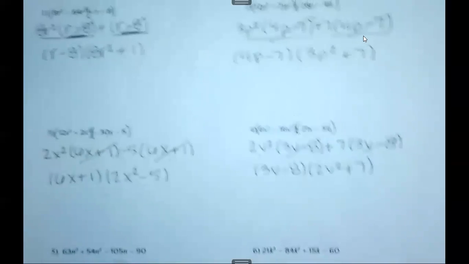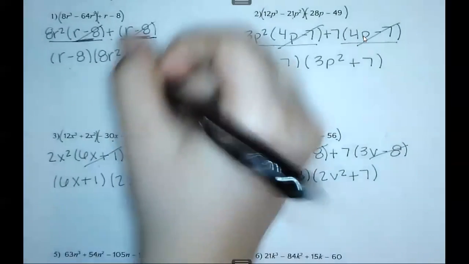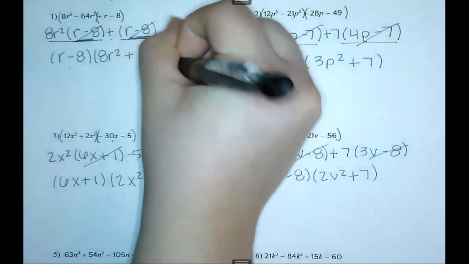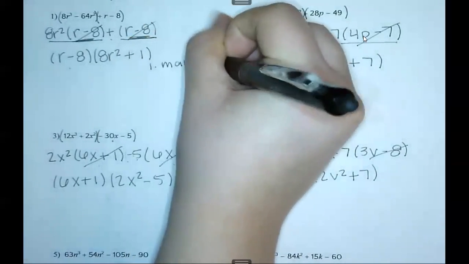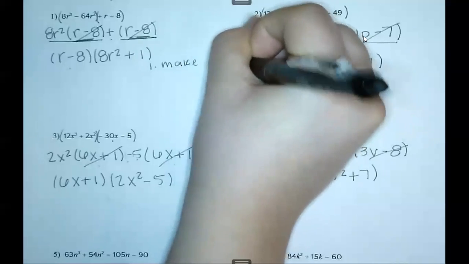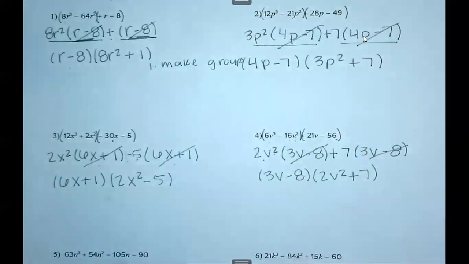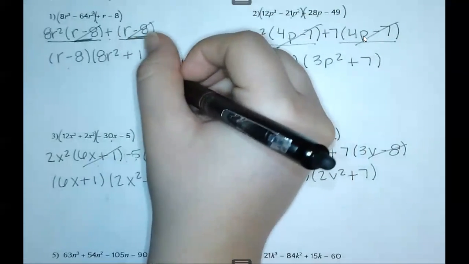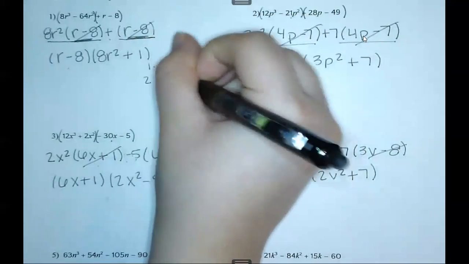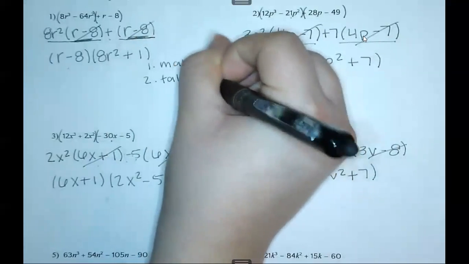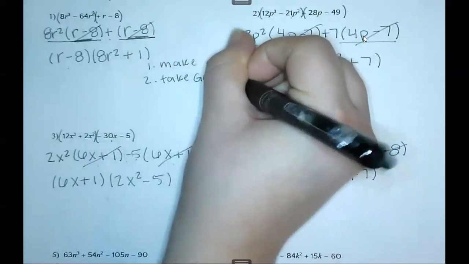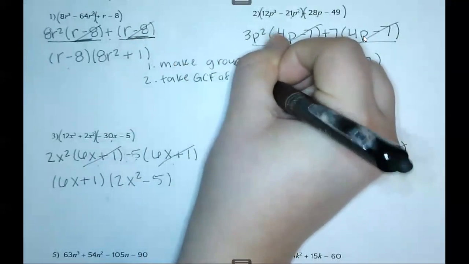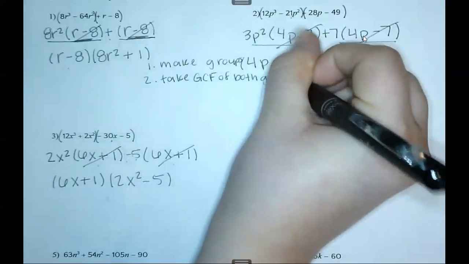So if we were to write down our steps, first step is to make groups. Second step is to take the GCF of both groups.